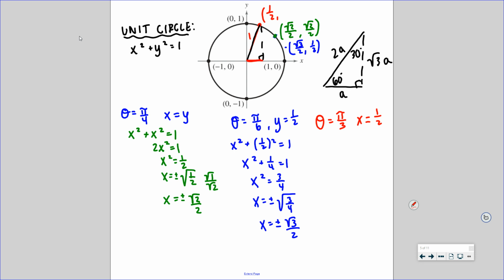And obviously, we just solved this same equation plugging in 1/2, but we plugged it in for x instead of y. But what are we going to get for y? Exactly, we're going to get the same thing as we just did. Which makes sense, because in that 30, 60, 90 triangle, you have the square root of 3 times whatever a is. That's that ratio, so it's square root of 3 times 1/2 in this case.